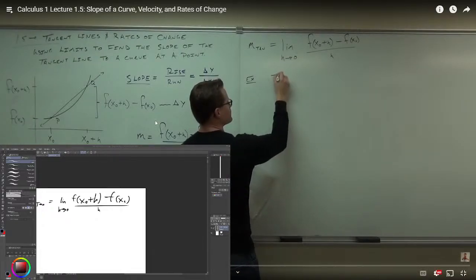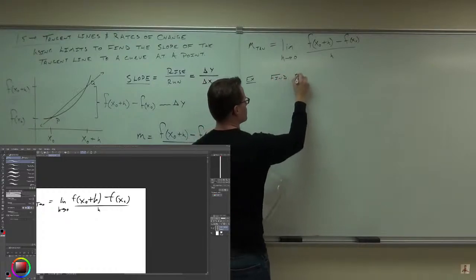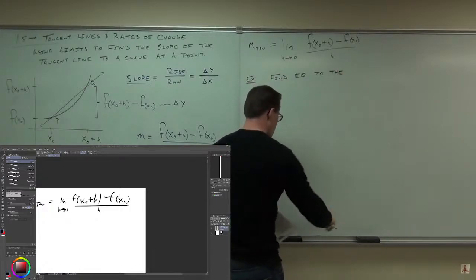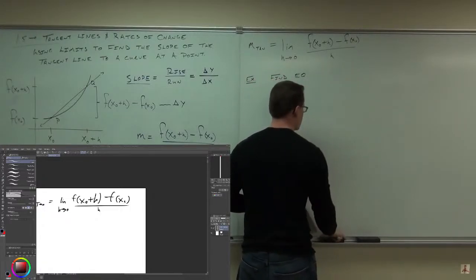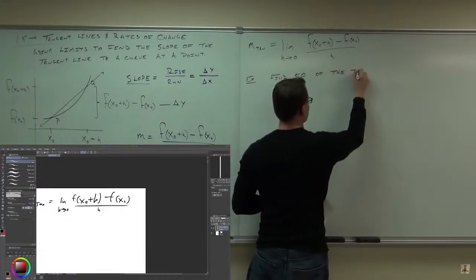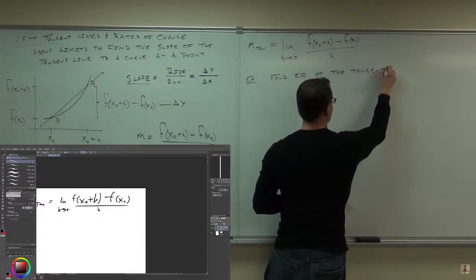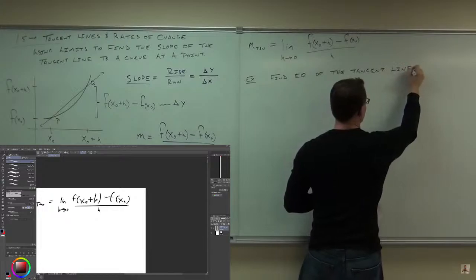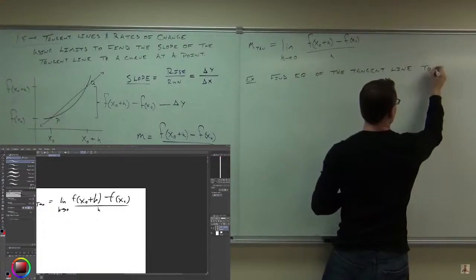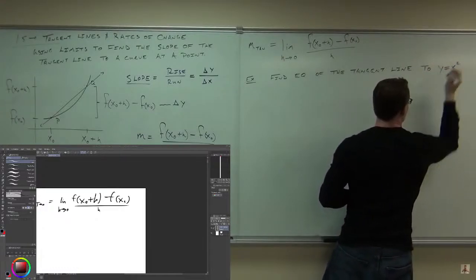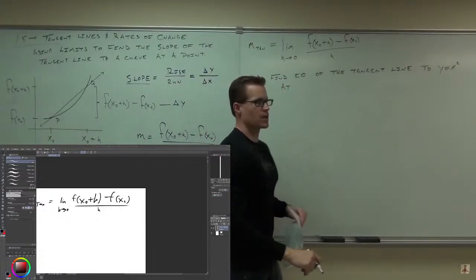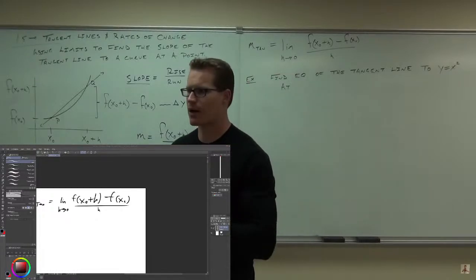So find the equation, I'm sorry, of the tangent line to y equals x squared at the point. Right now, I'm going to give you an actual point. That's how I've defined our function.